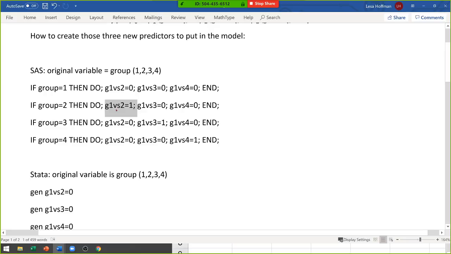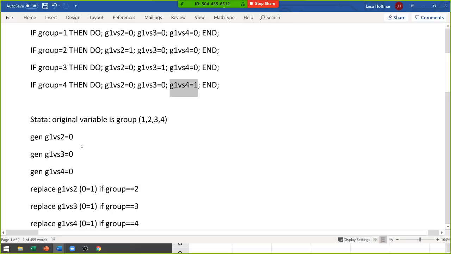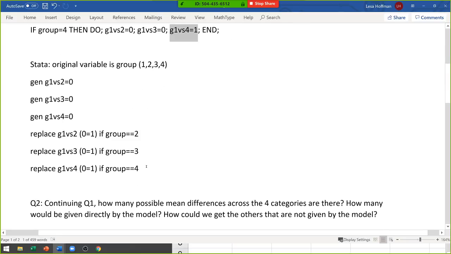If it's group 2, then the contrast variable that distinguishes 1 from 2 turns to 1. Likewise, if it's group 3, group 1 versus 3 turns to 1 instead. And group 1 versus 4 turns to 1 if we're talking about group 4. That selective turning to 1 happens in Stata in this step here. The order is backwards. It says turn it to 1 if group is this, but the logic is exactly the same.